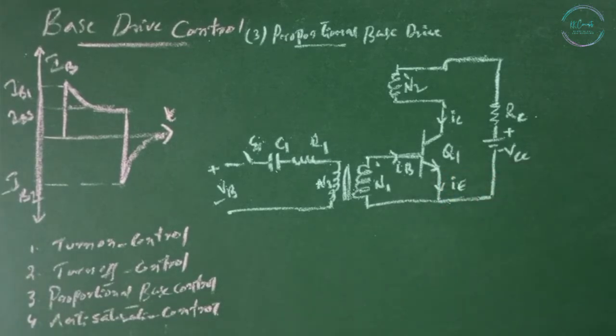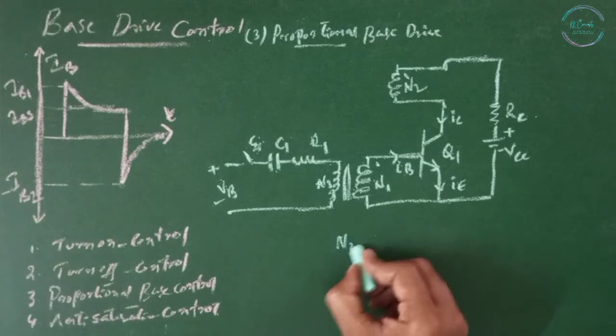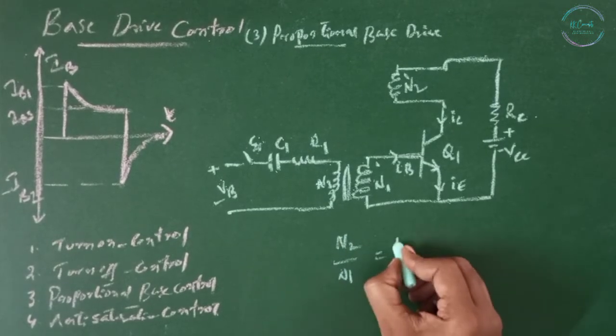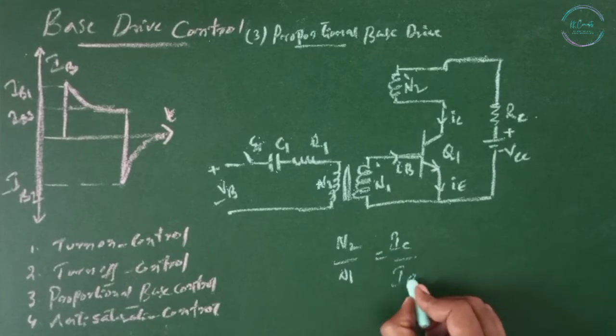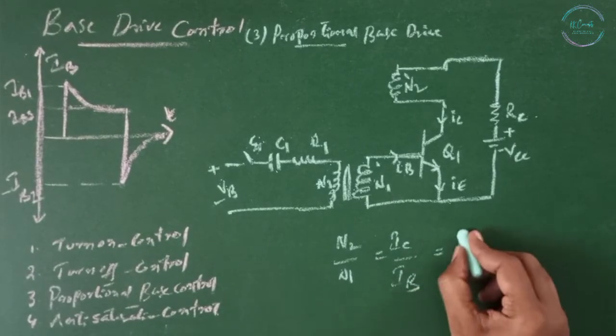Once the collector current starts to flow, a corresponding base current is induced due to the transformer action. The transistor would latch on by itself and S1 can be turned off. The turns ratio N2 by N1 equals IC by IB, which equals beta.